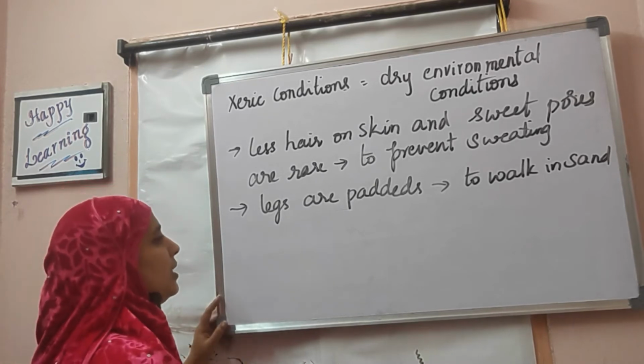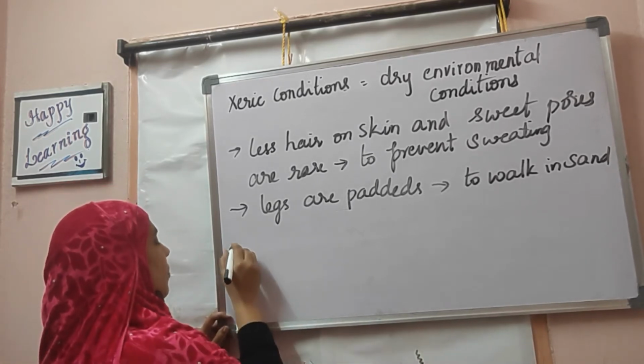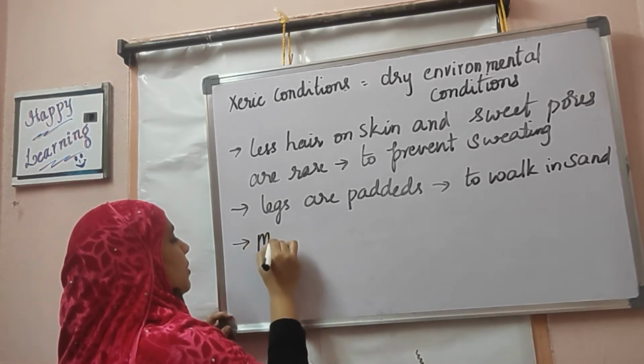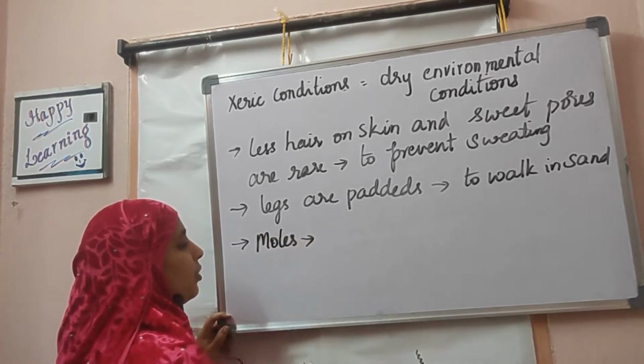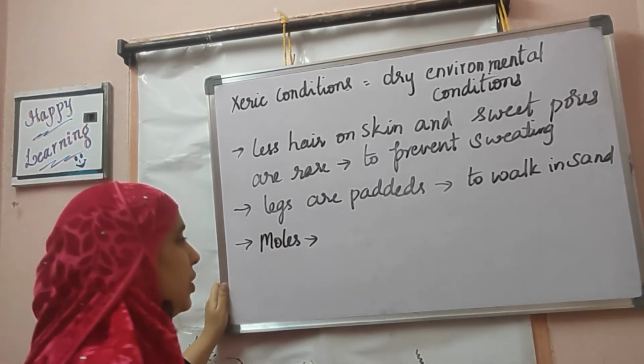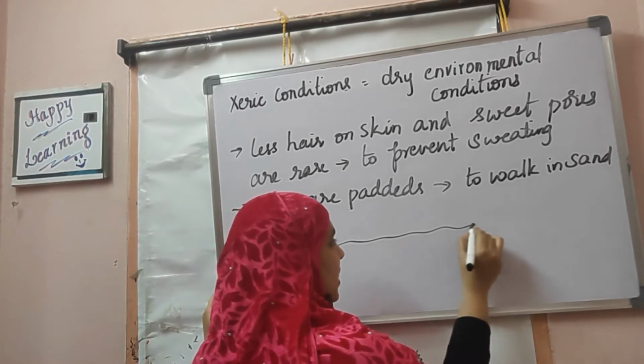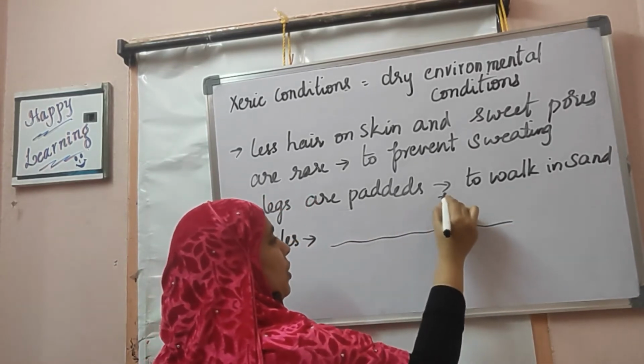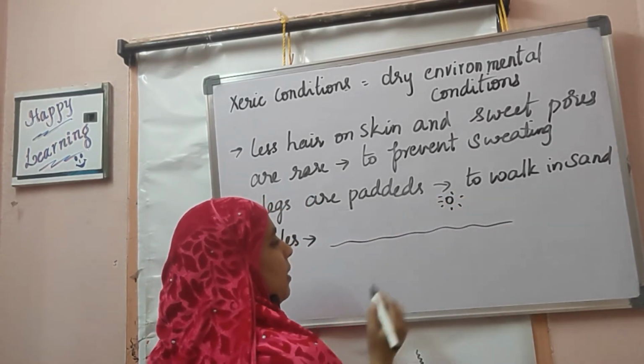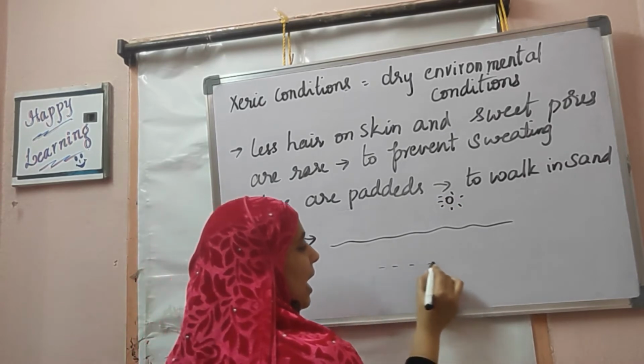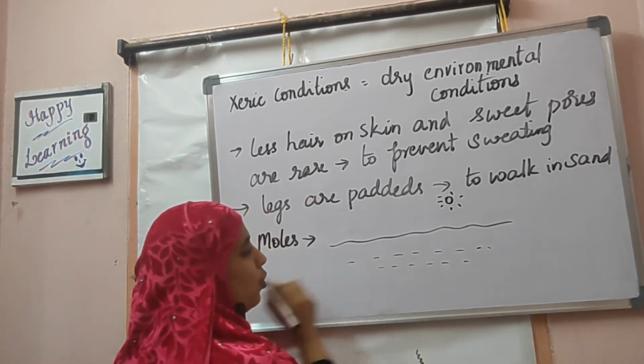The next organism is the mole, the desert rat. Usually the surface of the sand is very hot due to the heat of the sun, but the lower layers have some moisture and are cold.